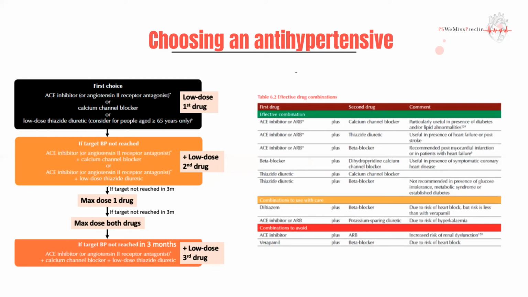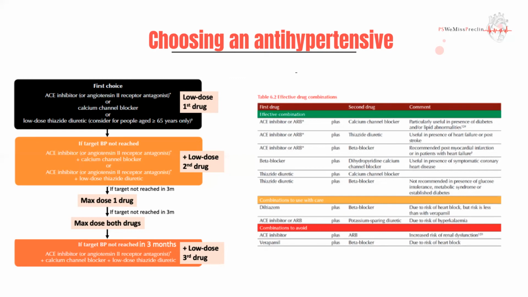We then have a broad range of diuretics, which would cover loop diuretics like furosemide, thiazide diuretics, as well as potassium-sparing diuretics like spironolactone. We can also have calcium channel blockers, which may be dihydropyridine or non-dihydropyridine based, and those include your amlodipine, diltiazem, verapamil, and so forth.